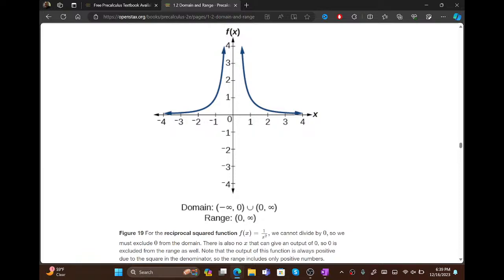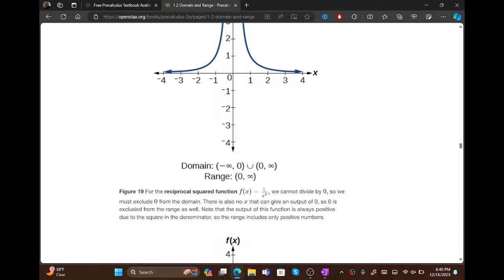For a reciprocal squared function, again, it is that idea that you set the x squared part not equal to 0, and you find the domain for that. So we know that the domain is from -infinity to 0, where 0 is not included, and then union 0 to infinity.